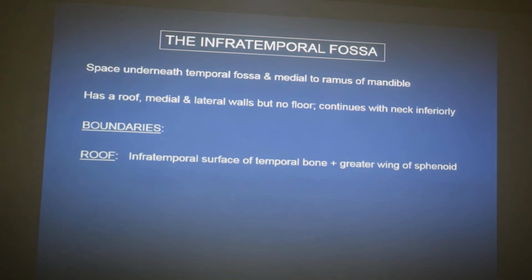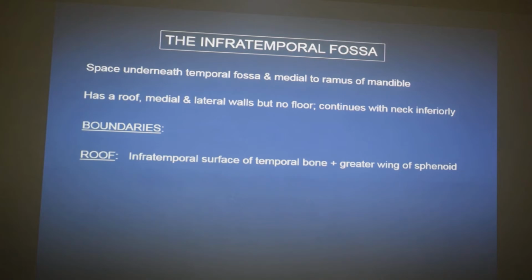So it is also sometimes called nervus spinosus, because nervus spinosus is basically a meningeal branch from the mandibular division of trigeminal. It supplies the meninges in the middle cranial fossa. So those are the two structures in the foramen spinosum.